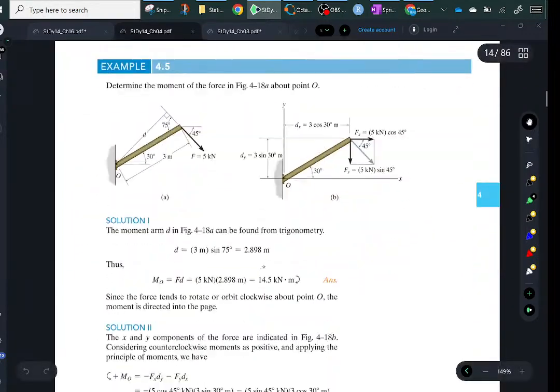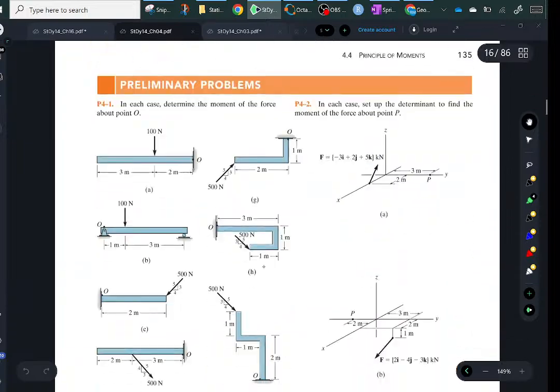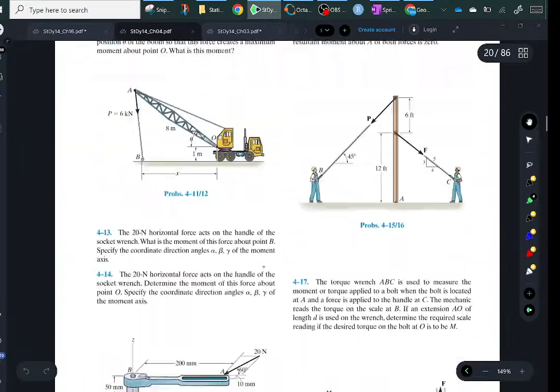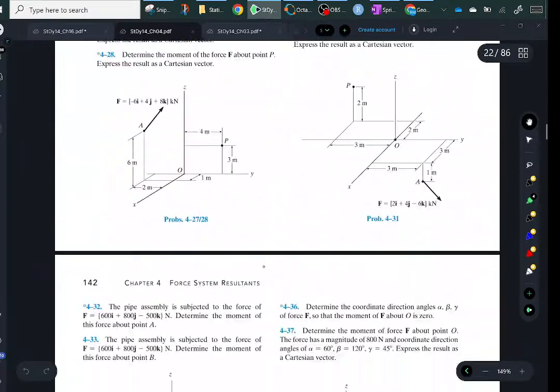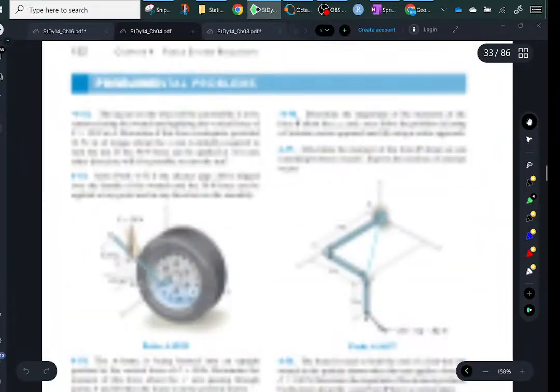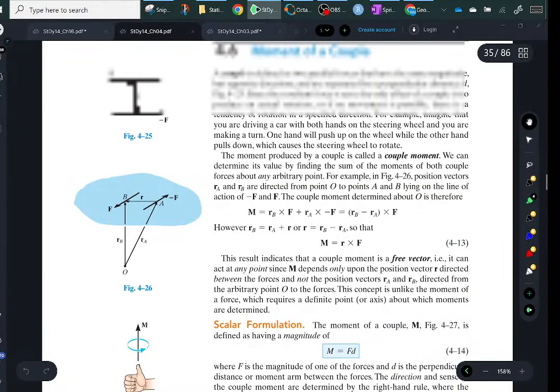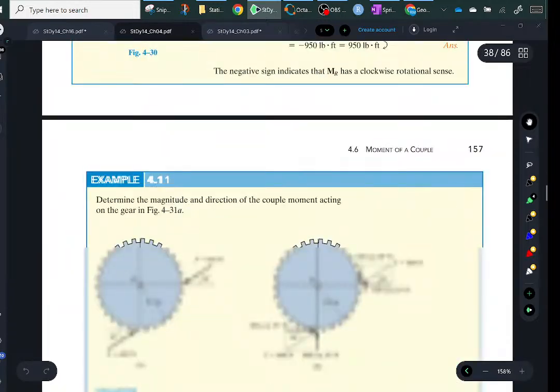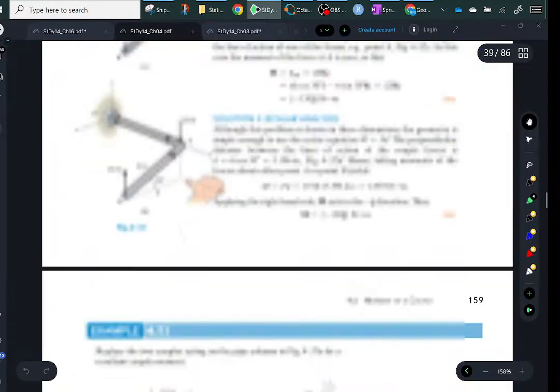There's the moments, the cross products, and then the couples will show up probably in the next section. And there's the couples. So let's just go ahead and work one of those.